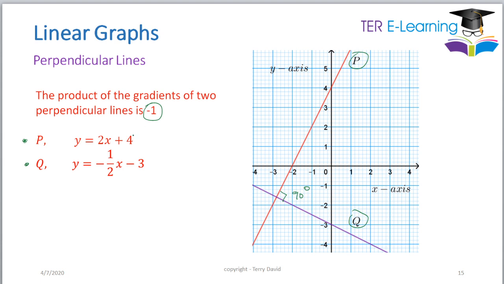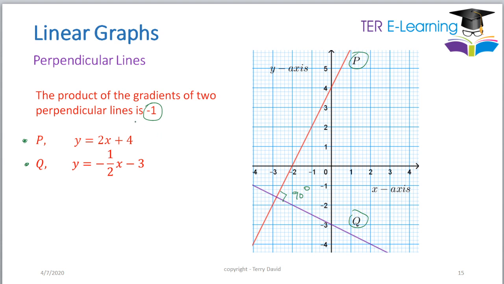That is a key concept that you need to know. So the gradient of line P multiplied by the gradient of line Q will give me -1, right? So sometimes they might ask you to prove that two lines are perpendicular. If they ask you to do that, you need to figure out the gradient of each of the lines and multiply them and show that the gradient is -1.